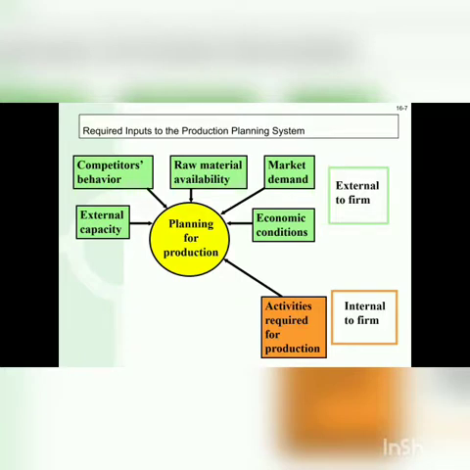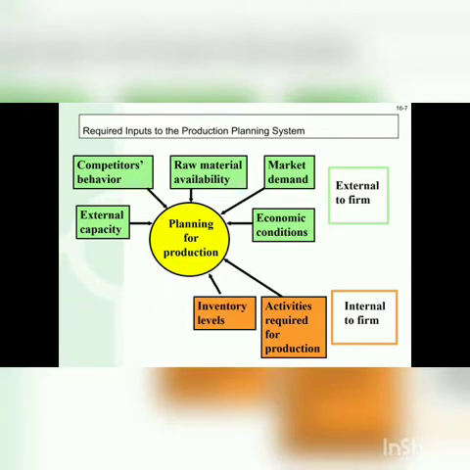Internal to the firm are activities required for production. So how much workforce, what capacity of the plant, what kind of machines, how much space, and the other activities which are very important in the production system.